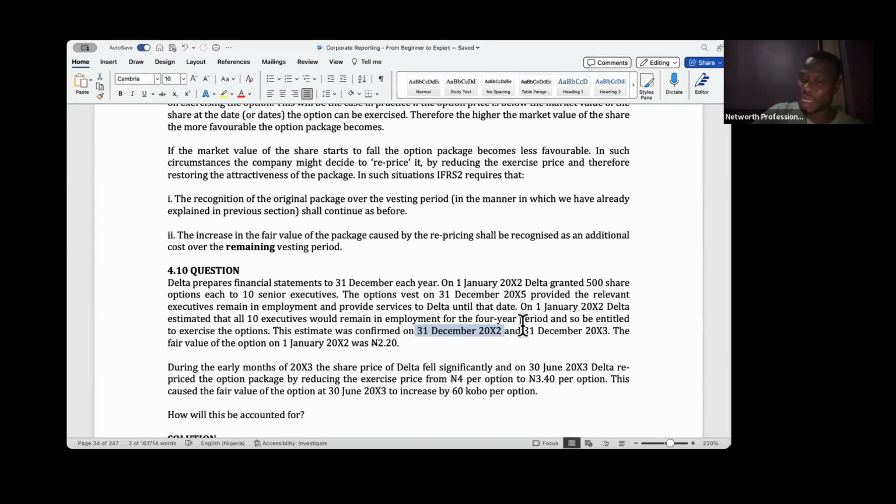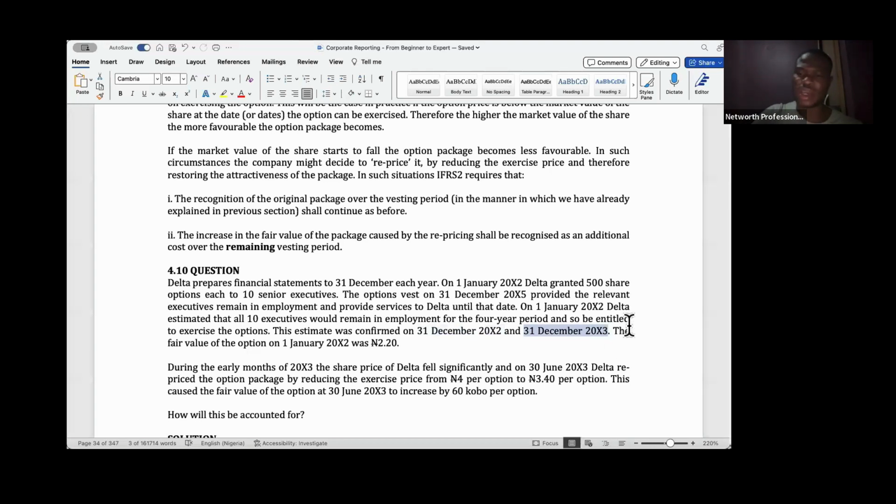And the same thing applies to 31st December 2003, which is the second year. So the same estimate is made that nobody is going. As at the end of 2002, we are estimating that 10 will vest at the vesting date. Vesting date is what we are estimating for, not the current year.